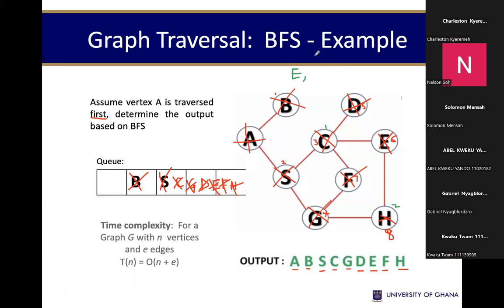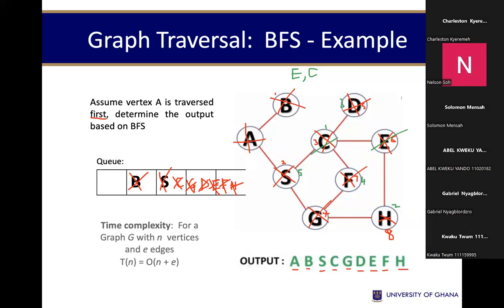So I'm going to output C. Now, whilst I'm outputting C, I have to also check the friends of C. The friends of C will be D, F, and S. So D is going to be 3, F is 4, and then S is 5. And of course, C goes out.